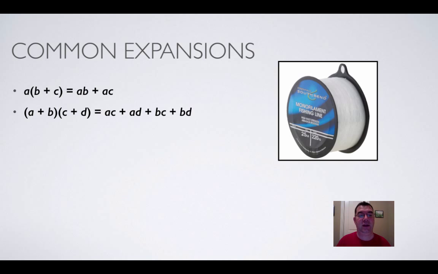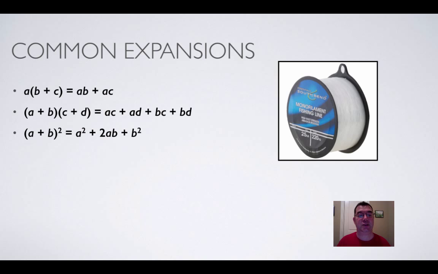Okay, and then if you have two sets of parentheses, this is commonly referred to as FOIL, where everything in the first set of parentheses needs to be multiplied by everything in the second set of parentheses. So a needs to be multiplied by c, a also needs to be multiplied by d, and then b needs to be multiplied by c, and b also needs to be multiplied by d. Notice that a and b don't get multiplied together because they're in the same set of parentheses, and similarly c and d don't get multiplied together because they are in the same set of parentheses.